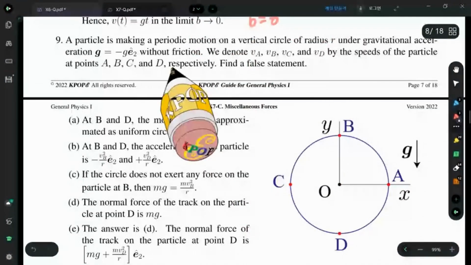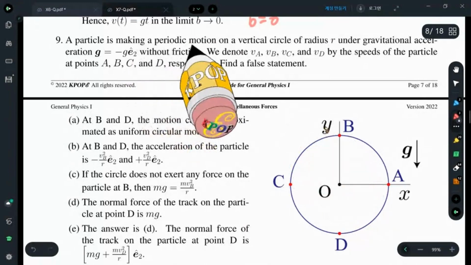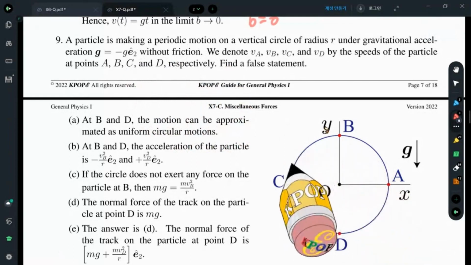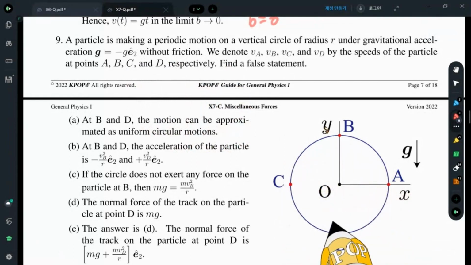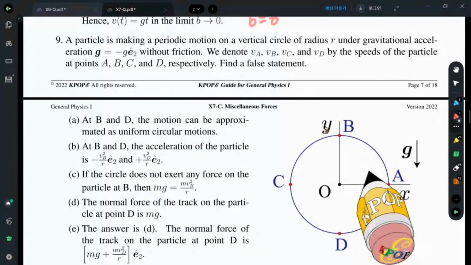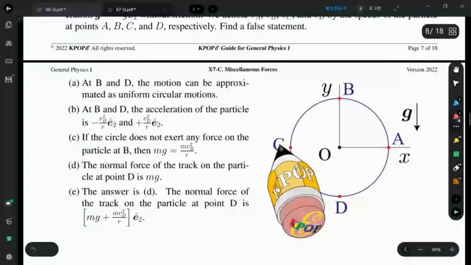Next, we consider uniform circular motion. Not a uniform circular motion, it's a periodic motion. Goes faster, slower, faster, slower. We will learn this after we study energy conservation, but before that, it is still possible to look into various aspects of the circular motion.